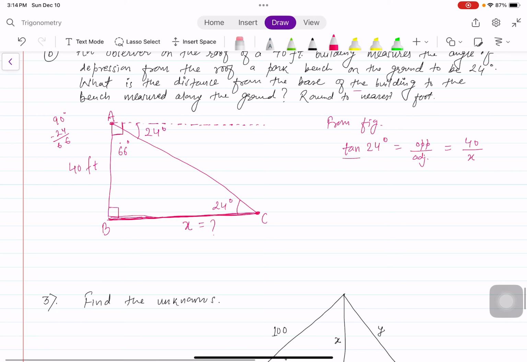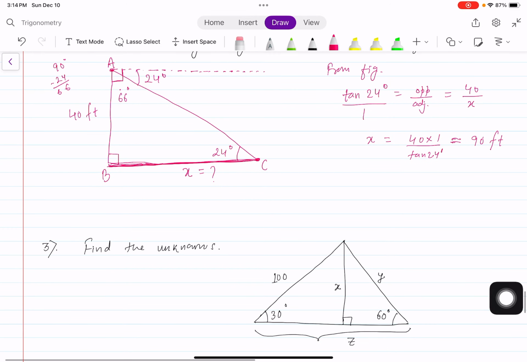So how to solve this one? You can always assume that there is 1 underneath, and if you cross multiply, x equals 40 times 1 over tangent of 24 degrees. Using your calculator, the answer turns out to be approximately 90 feet. I'm writing it as 90 feet because they have asked here to round it to the nearest foot.